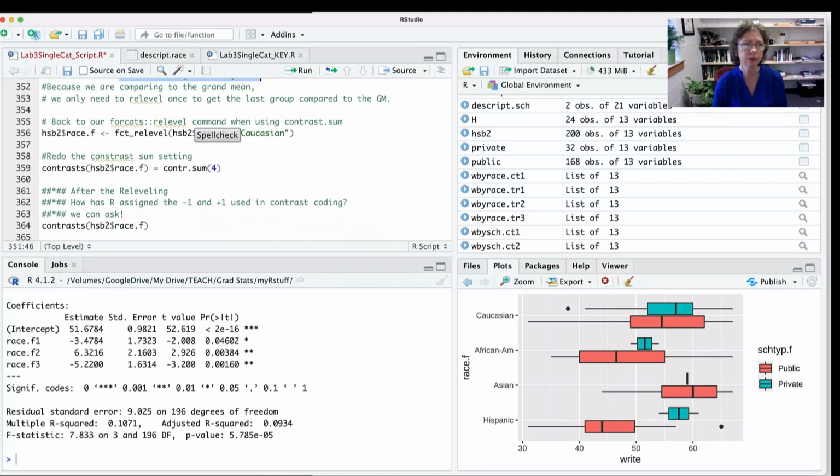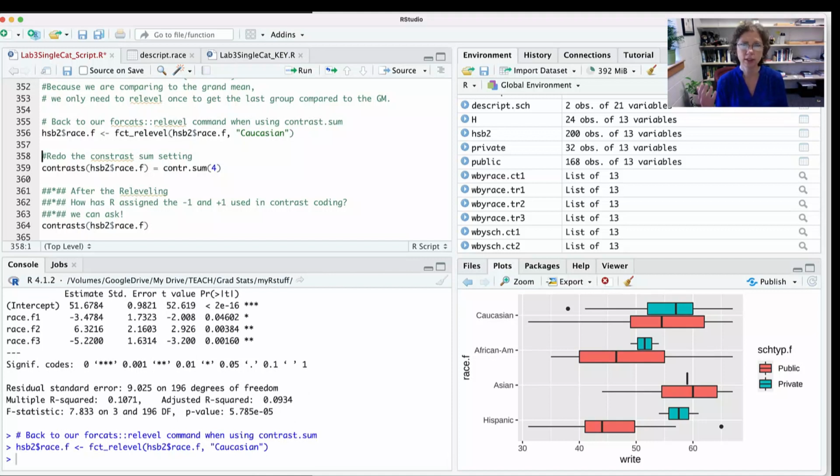So going back to the 4 cats, when we're using effect coding, use 4 cats to re-level, which is this function right here. So I'm going to re-level and put Caucasian up into the front. Once I've re-leveled, I have to reapply the contrast coding.